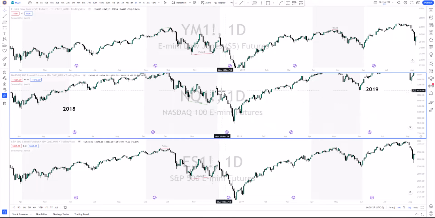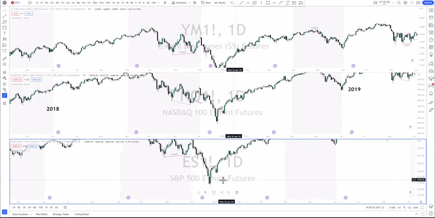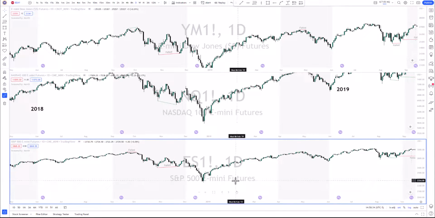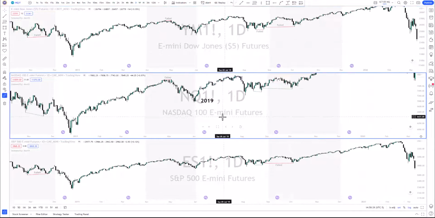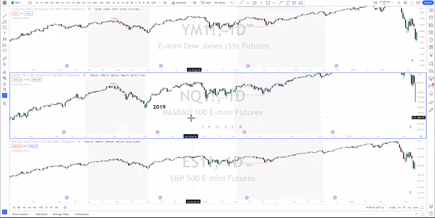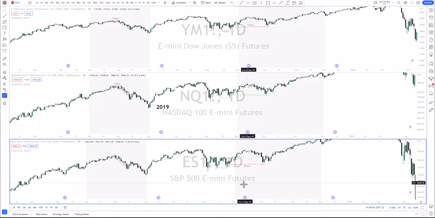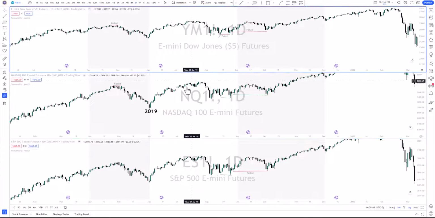So all of those indices kind of went up and then just kind of puked into the end of the year, which is not normal, but like you said, these are seasonal tendencies, so it's not always going to be perfect.